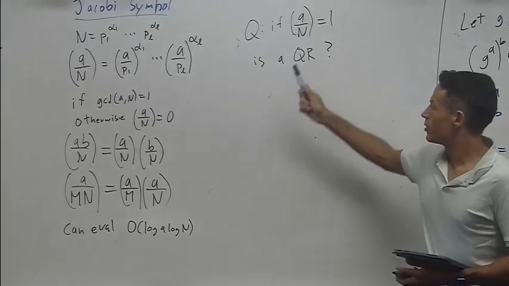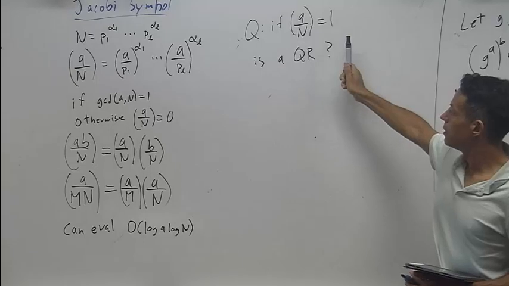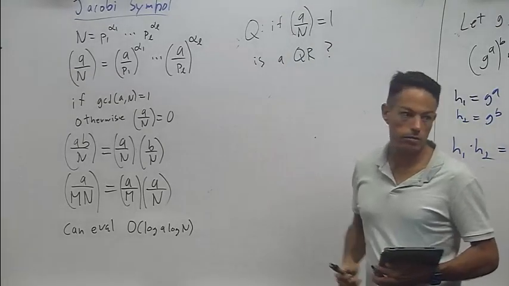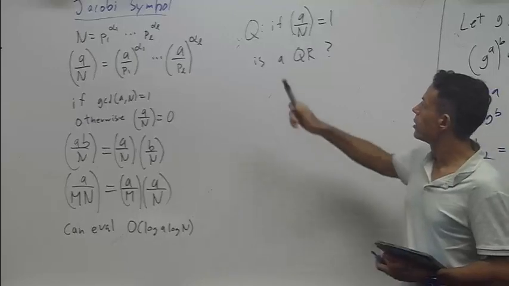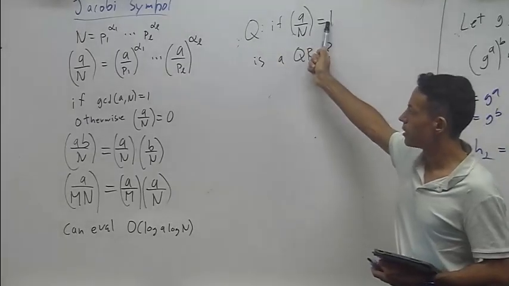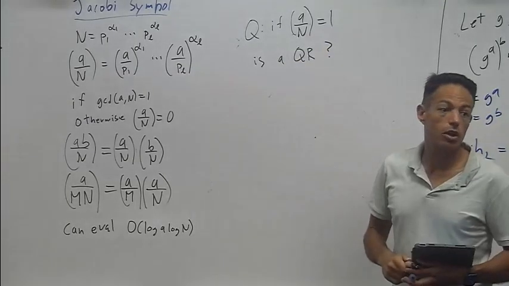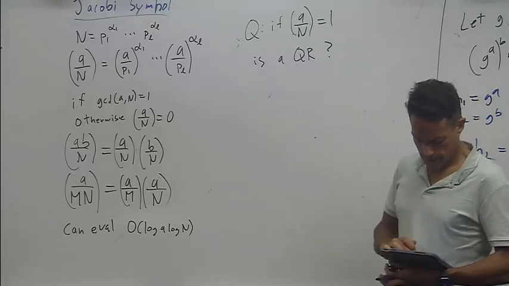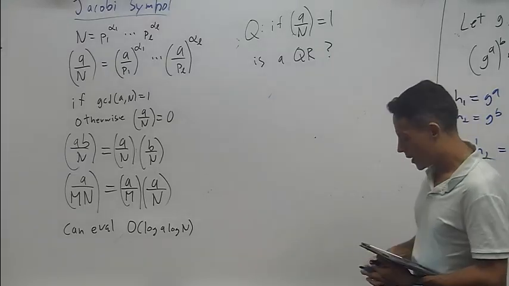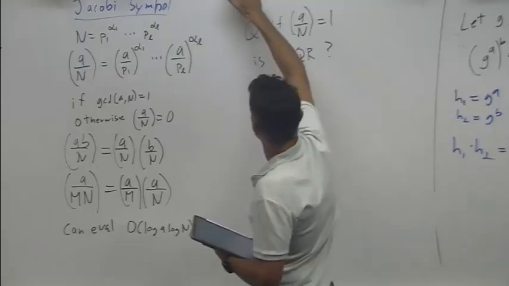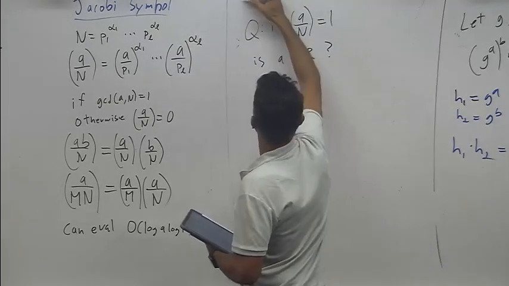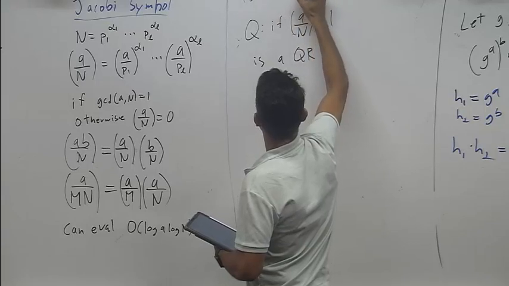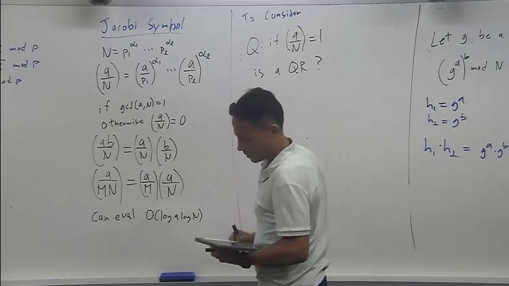But I want you to think about, if this is your breakdown of your Jacobi symbol, could you get a 1 here, but have some number that's actually not a quadratic residue whatsoever? So yeah, this is your to-consider section, i.e. optional homework.